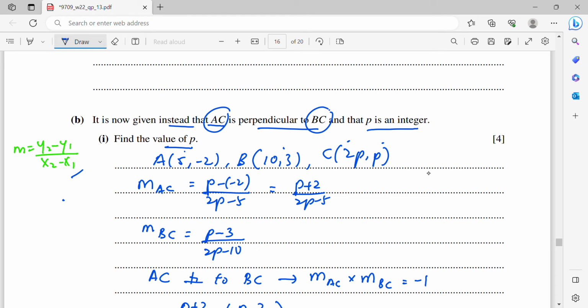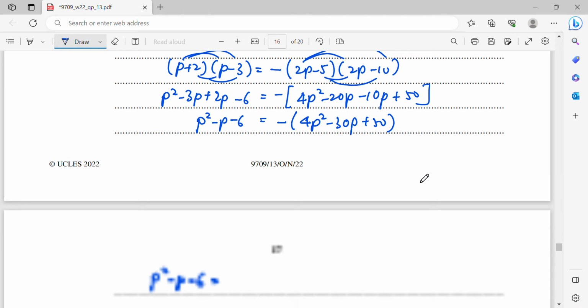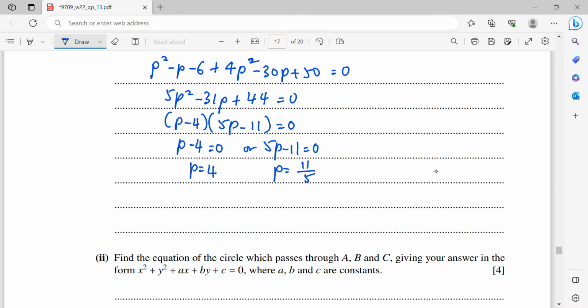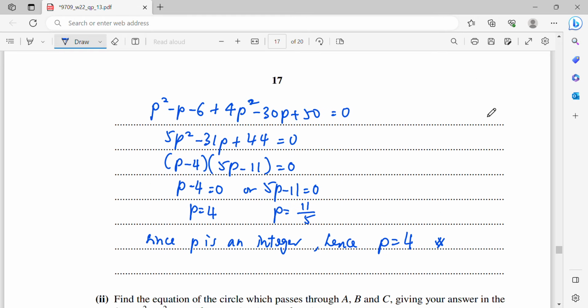The question says value of p, so only one value is allowed. How to decide p? We must refer to the condition that p is an integer. Since p is an integer, hence p must be 4, and not both values.